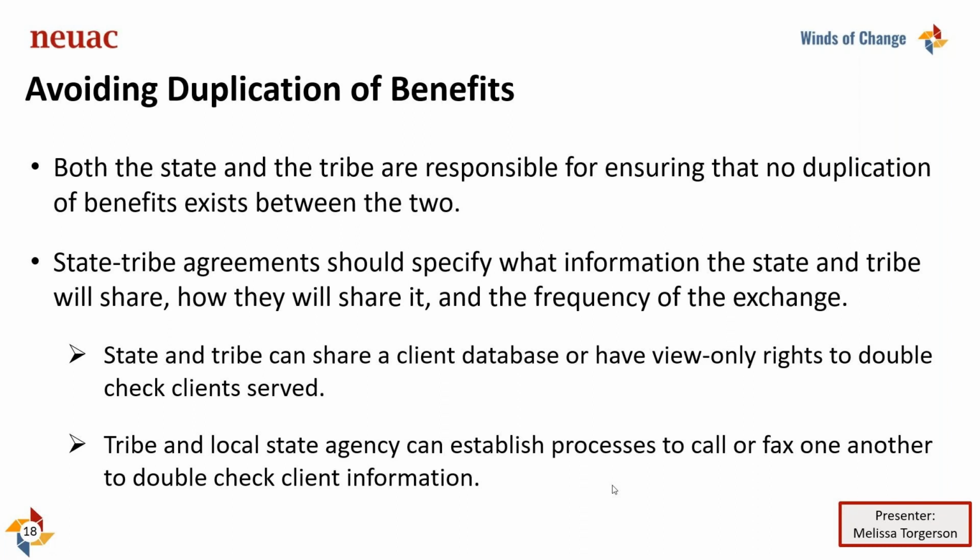So there are a few different ways to do this. There can be a database with view-only rights, right? So a state or a tribe could have access to a module of a state system where they could just go in and see who has been served and input who has been served, so that everyone is sharing that information. Some tribes and states just pick up the phone. Has this person been helped yet?